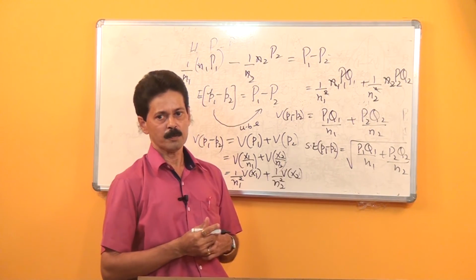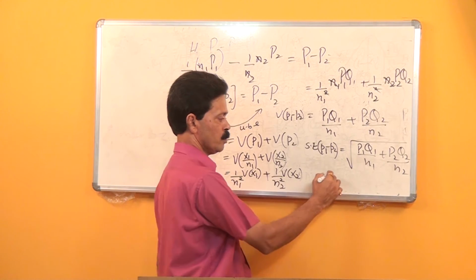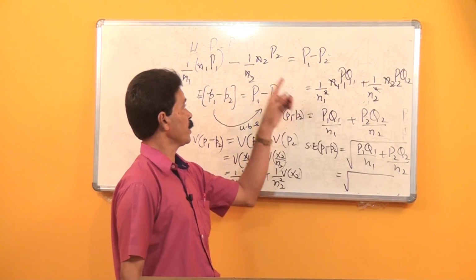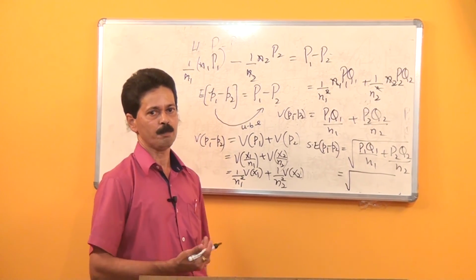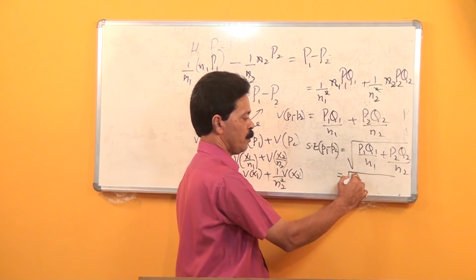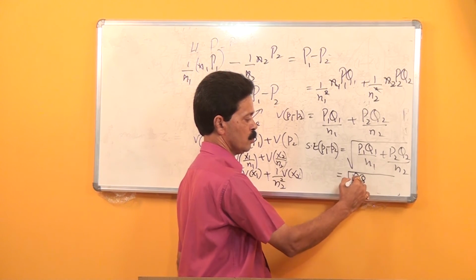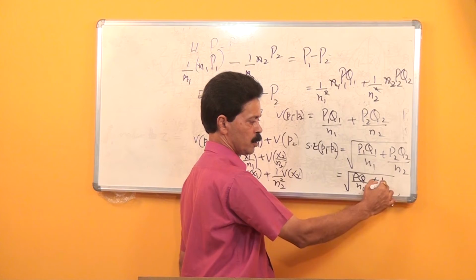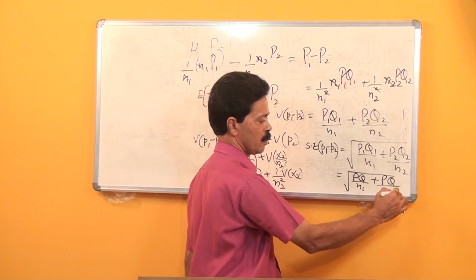Under H0, the standard error of P1 minus P2 equals the square root of, under H0 you have taken P1 equal to P2, both equal to capital P. So P1 is replaced by P, so P1 Q1 becomes PQ by N1, plus here also P2 equals P, therefore P2 Q2 becomes PQ divided by N2.